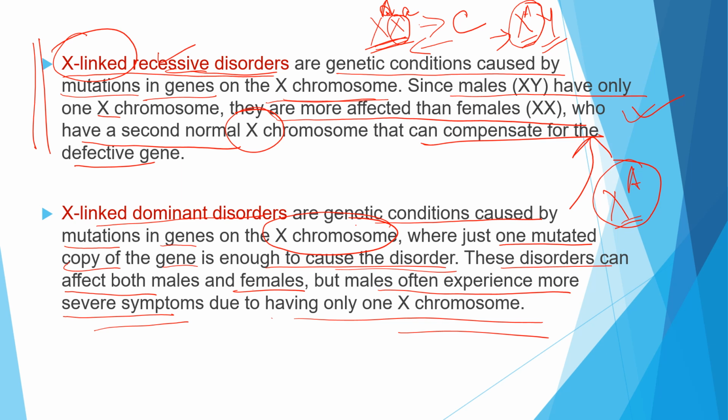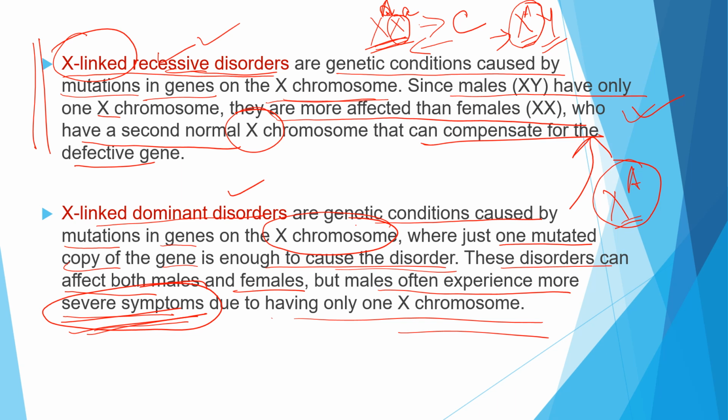If this chromosome is passed from the mother, the son will be more affected than the daughter, because the daughter has another compensatory chromosome to mask the effect in recessive. But in dominant, as it is a dominant character, the daughter will be equally affected as the son, but the son will have more severe symptoms.